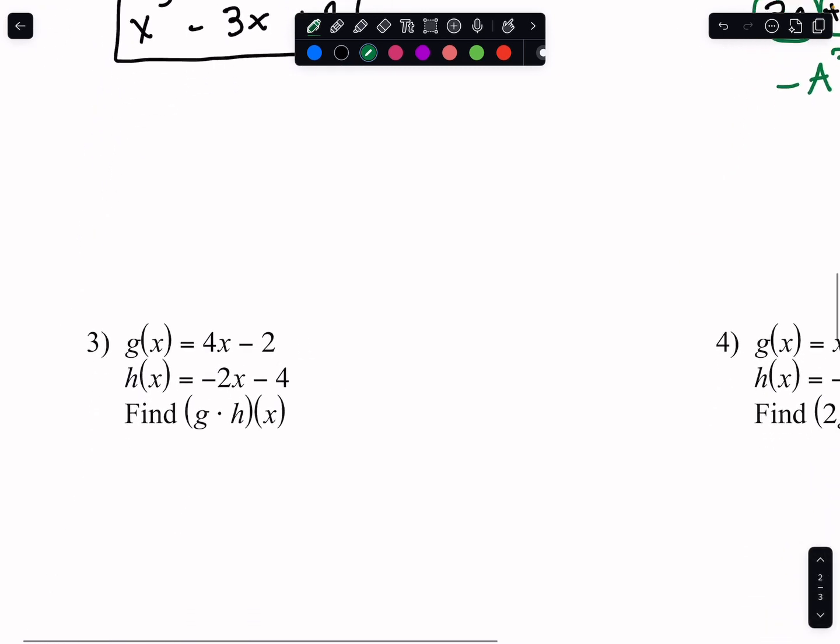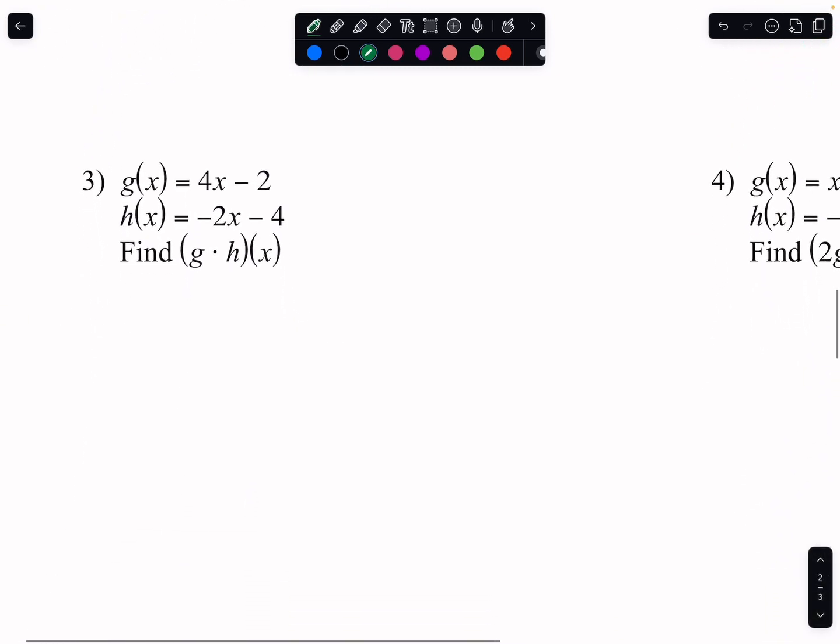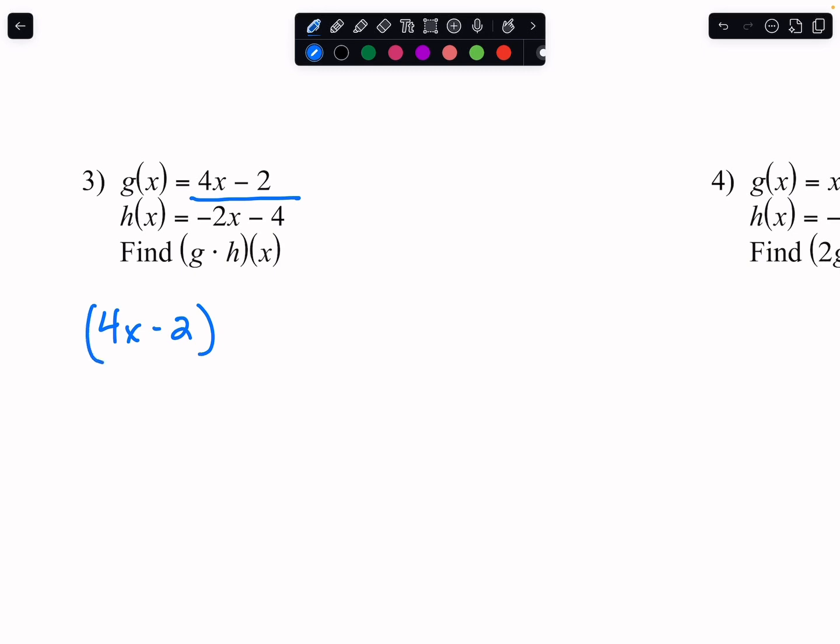Rolling right along. Let's get to number 3. This says we're going to multiply. So I'm going to take my g, and then I'm going to multiply that times h.